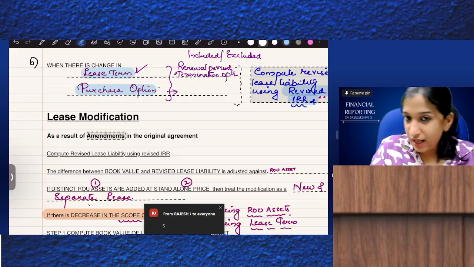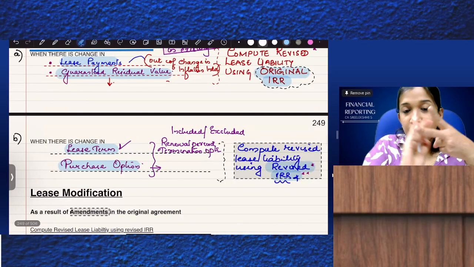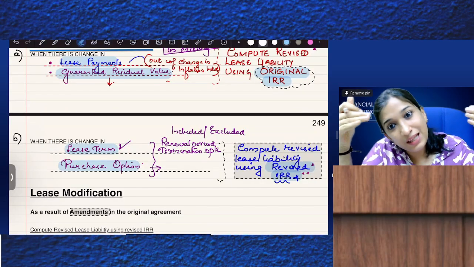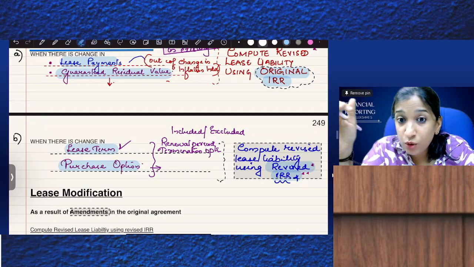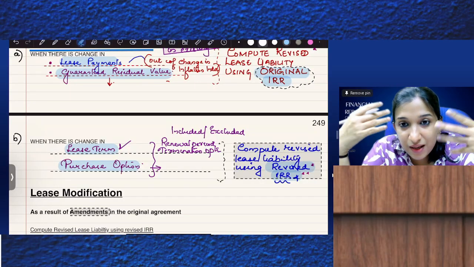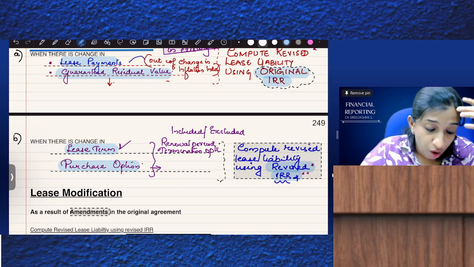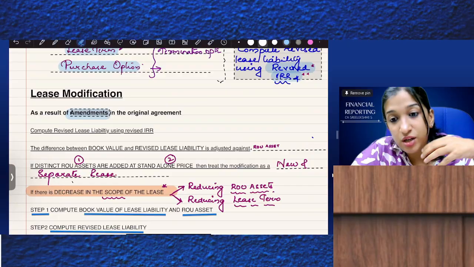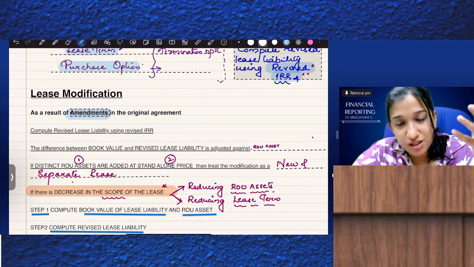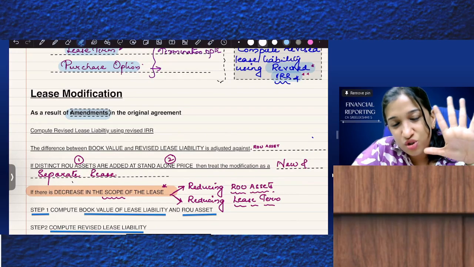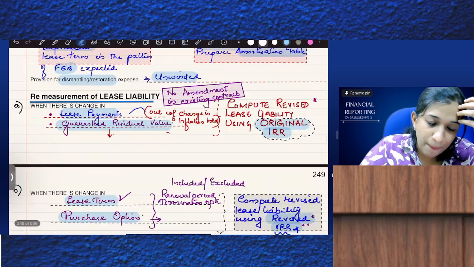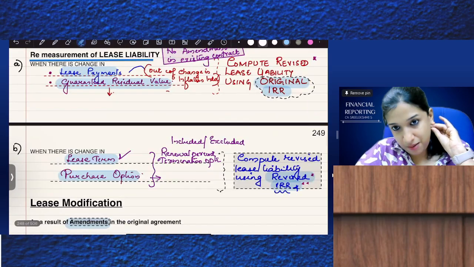Okay. So there are two areas. First one, initially you started off, subsequently there is a change, change out of remeasurement or re-estimation. Or there can be change out of amendment, where the contract itself has changed. So here there is no amendment, but here there is an amendment.